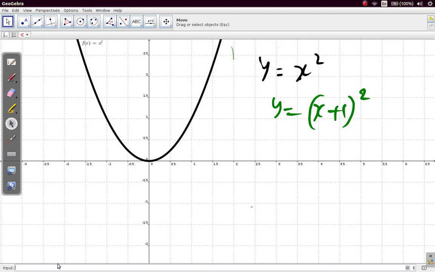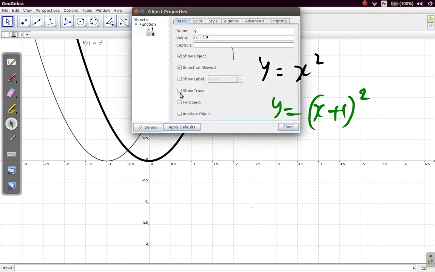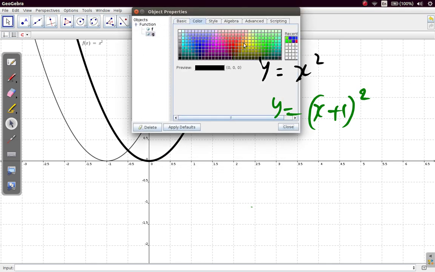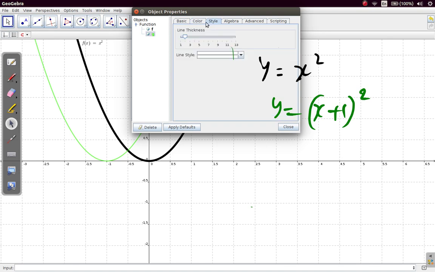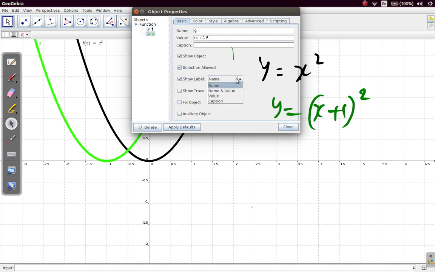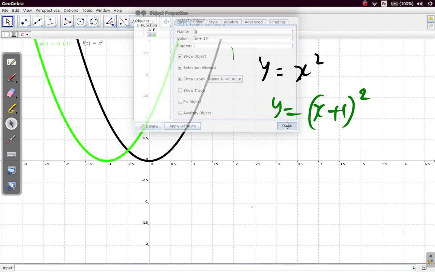I want to plot x plus 1 close bracket to the power of 2. That's what we have. Let's make this green, and let's make it thicker, and I want to see the label of the graph.